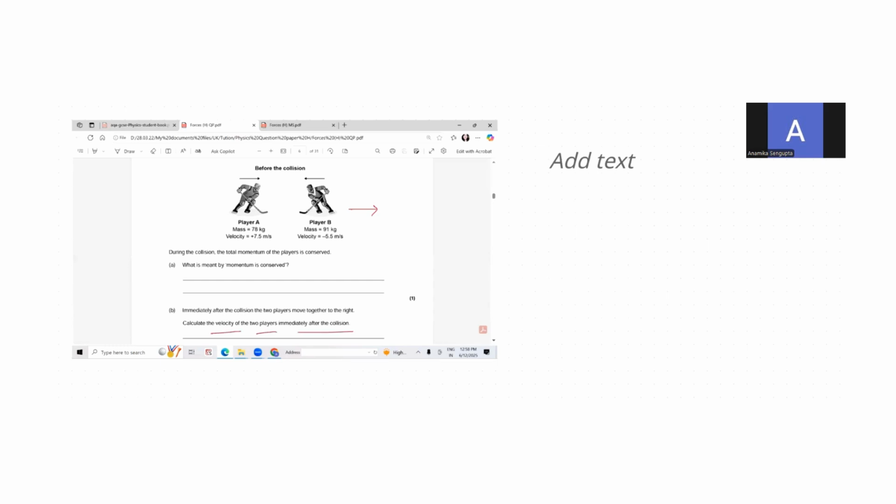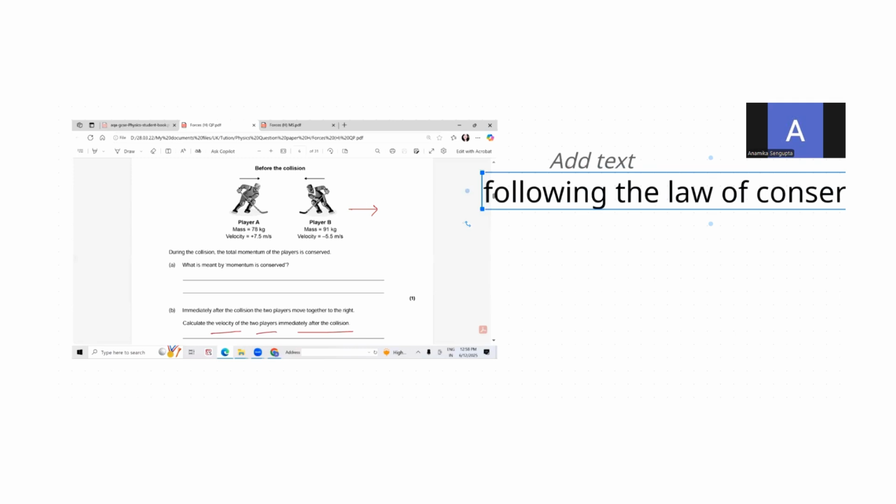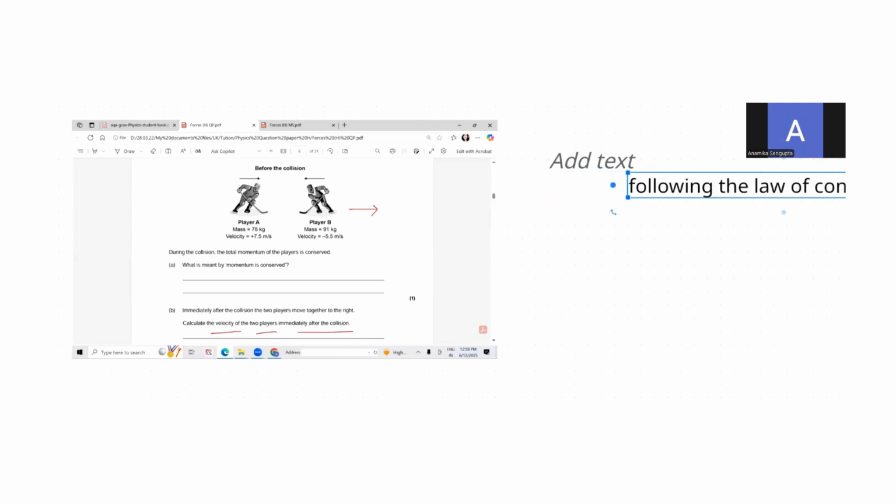So while solving this one, we can start writing that, following the law of conservation of momentum, we can write: conservation of momentum. Now we can write what the total momentum before the collision is.